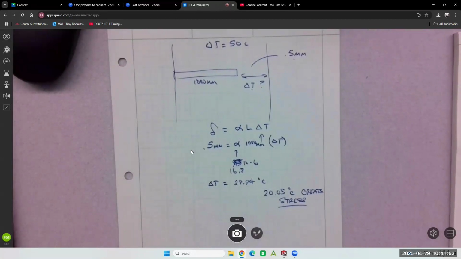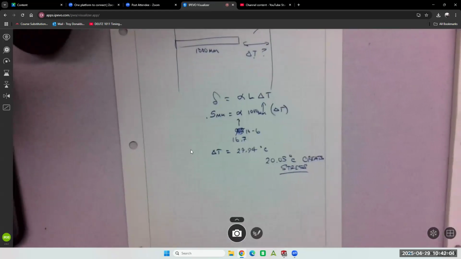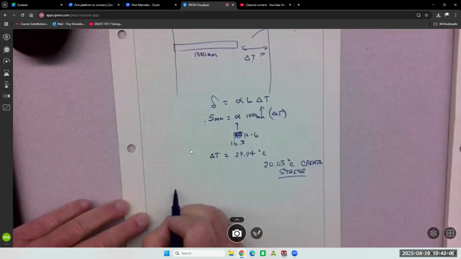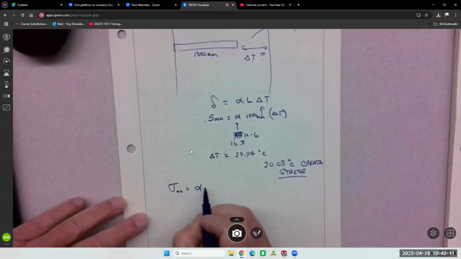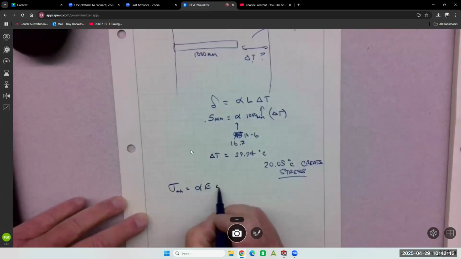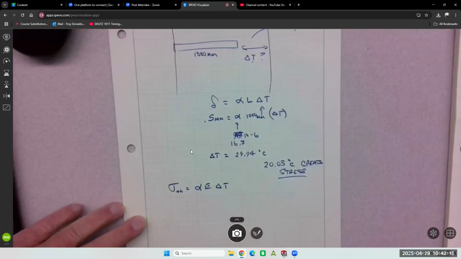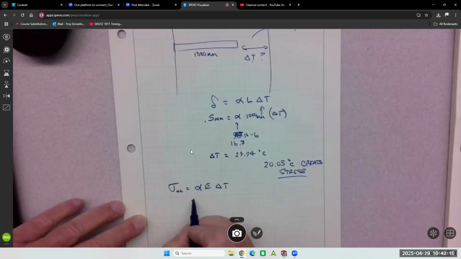Everyone see that? You had to figure out how much temperature change it took to get there. What's left over is going to create thermal stresses. So then you pump it into the thermal stress equation, which is alpha E delta T. Same material, so alpha is the same, 16.7 e to the minus 6.